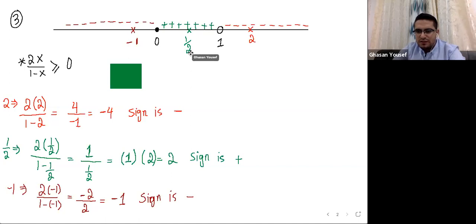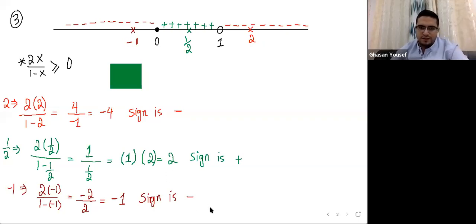Rasher said from 0 to 1, but the 0 is not included. This is correct, but you should include the 0. Why? Because the question is asking when this will be positive or 0. See the or, the equal 0, so it will be equal 0 at 0, but the 1 is not included. So the solution should be number 4.